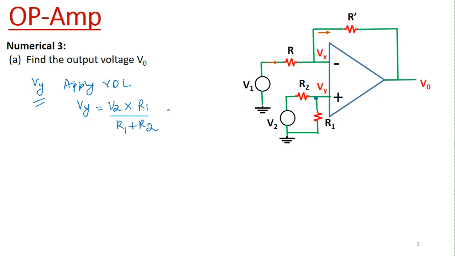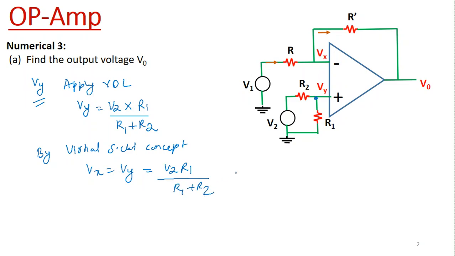So this is the value of Vy, and by virtual short circuit concept we have Vx is equal to Vy. So Vx will also be equal to V2 R1 divided by R1 plus R2. This is our equation number 1.